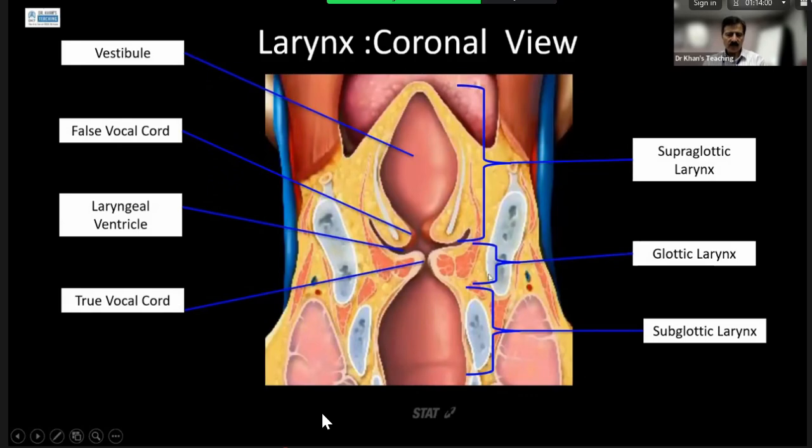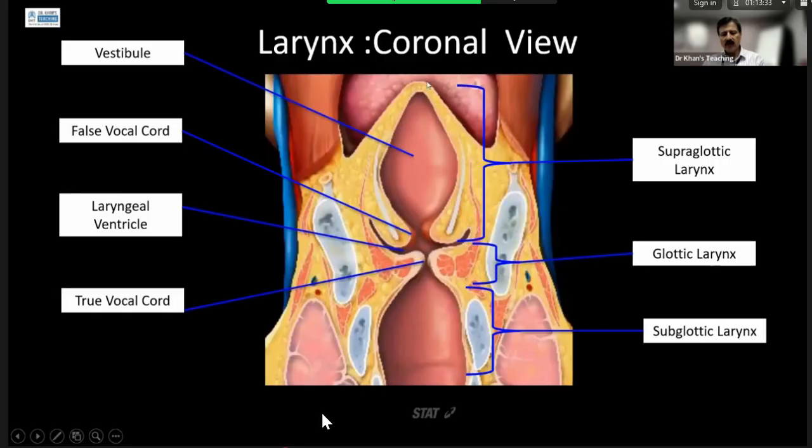This diagram is very, very important, because now we are dividing the larynx into three parts. This is a coronal diagram, and the portion where the vocalis muscle is located is known as the glottic level. So this is the glottis, or the true cord level. This is the glottic larynx.